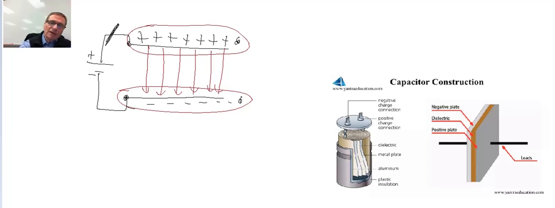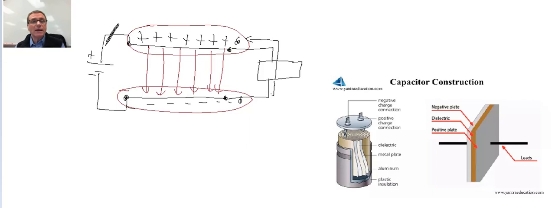What if I now connected this to a wire and connected this to a wire, and I put some device in between here, where the negative charge from the electrons at the bottom of the plate could travel up through my device to the positive plate?